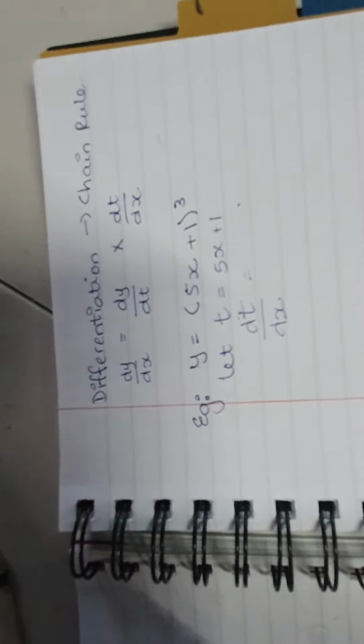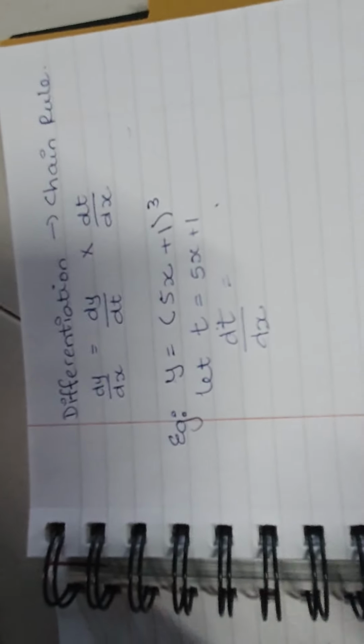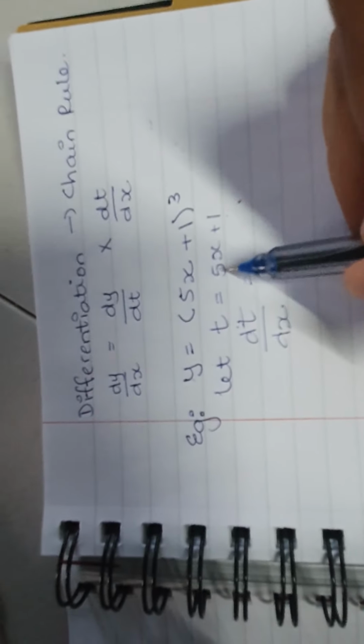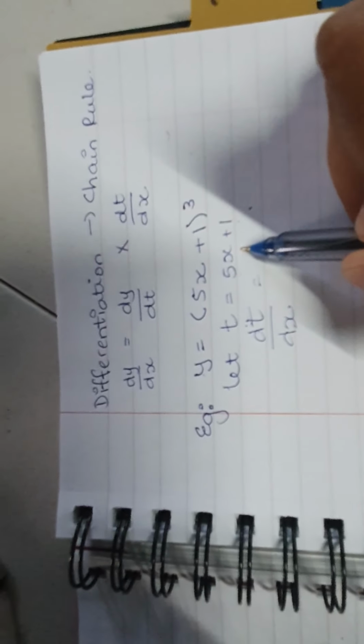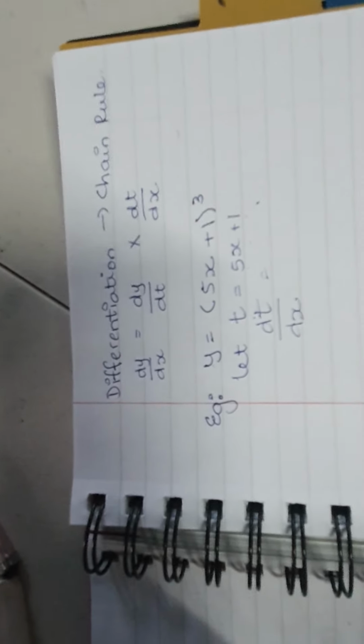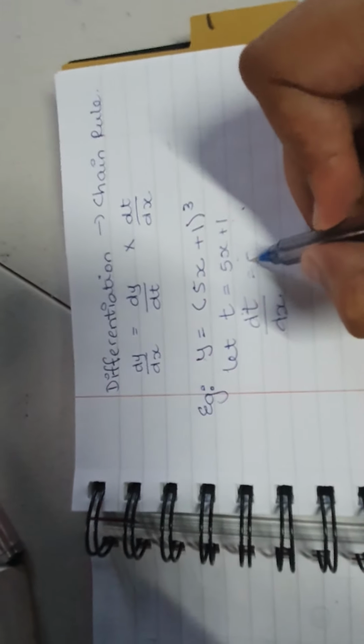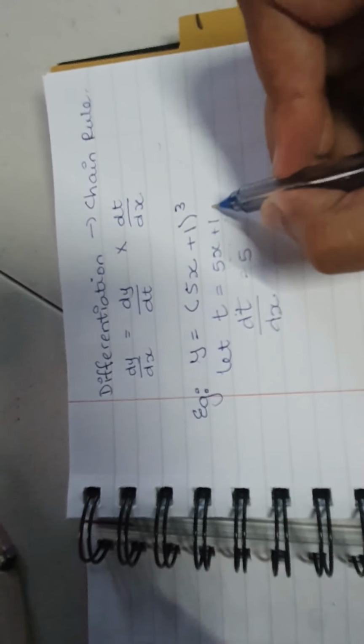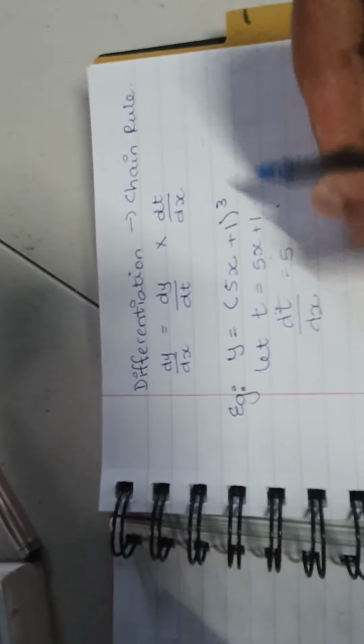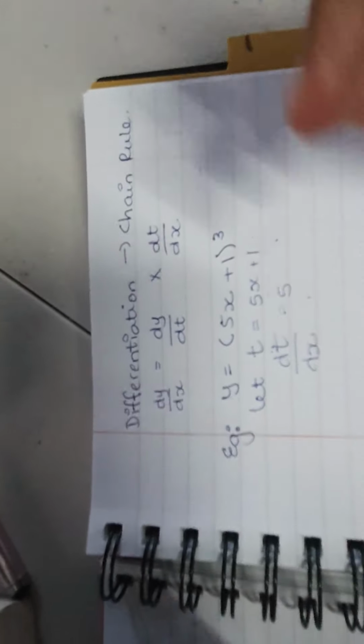So no magic yet. Simple stuff. If we have 5x, we know if we have a constant times x, we just get back the constant alone. So 5x, when you differentiate that, we get 5. And we know if we have a constant by itself and we differentiate it, we get 0. So we just get 5 for the answer here.